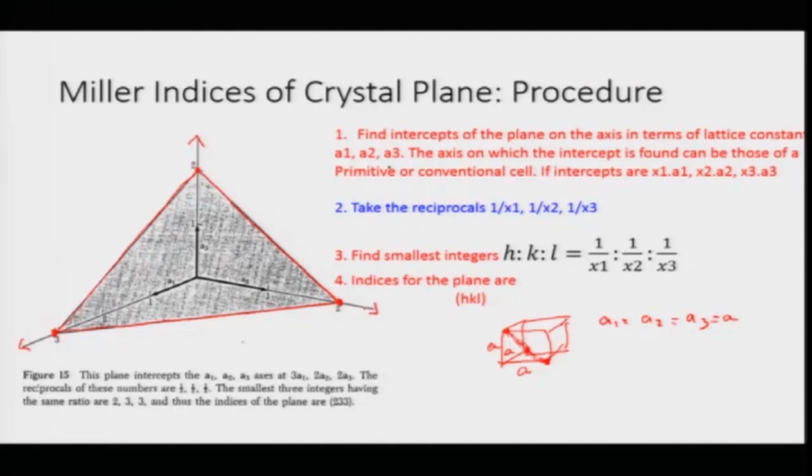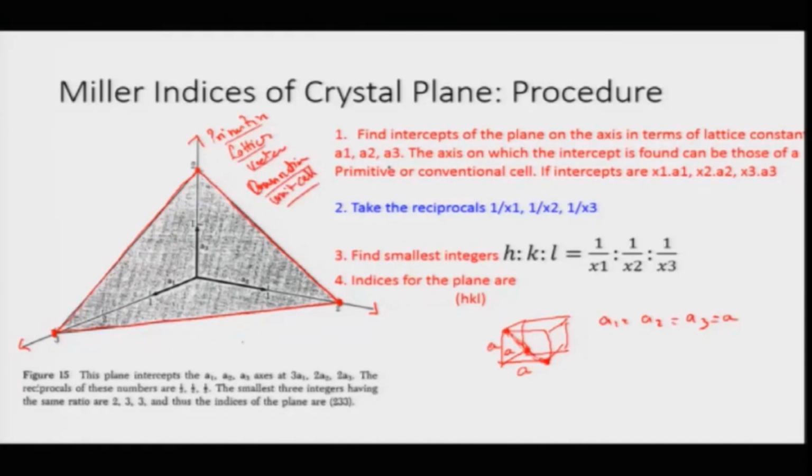So I first find out the intercepts of this plane along the 3 axes of the system, and these axes could be either primitive lattice vectors or vectors along your conventional unit cell. There is no restriction, but whatever you define you have to stick to it.